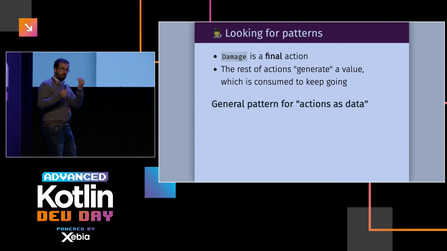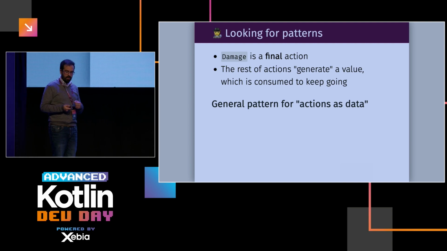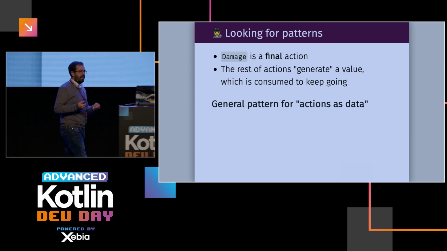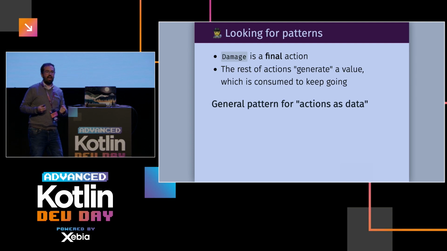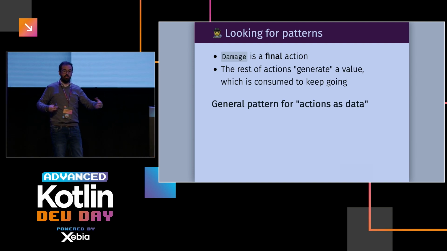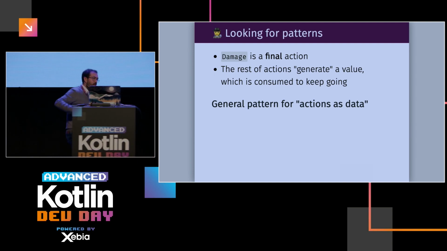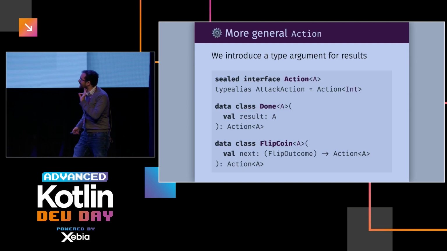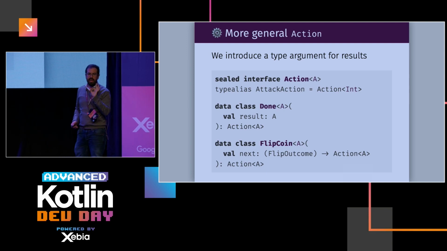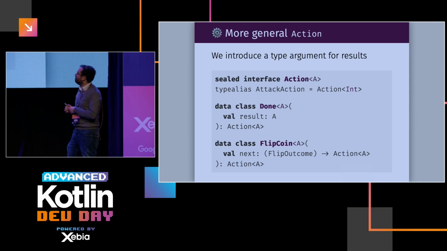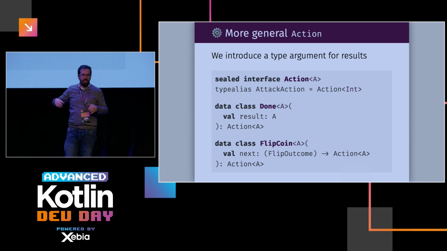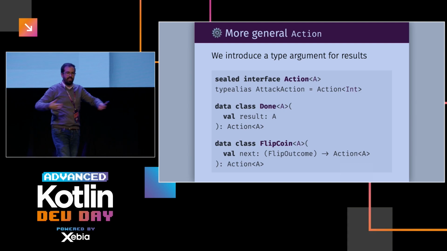You always have one single interface, which is like every possible action. You have one terminal action and then a bunch of primitive actions which always end in a continuation. If you want to do it a tiny bit more general, you can actually make this thing parameterized by a type parameter, and instead of damage, we have here done, and this allows you to return different kinds of things.